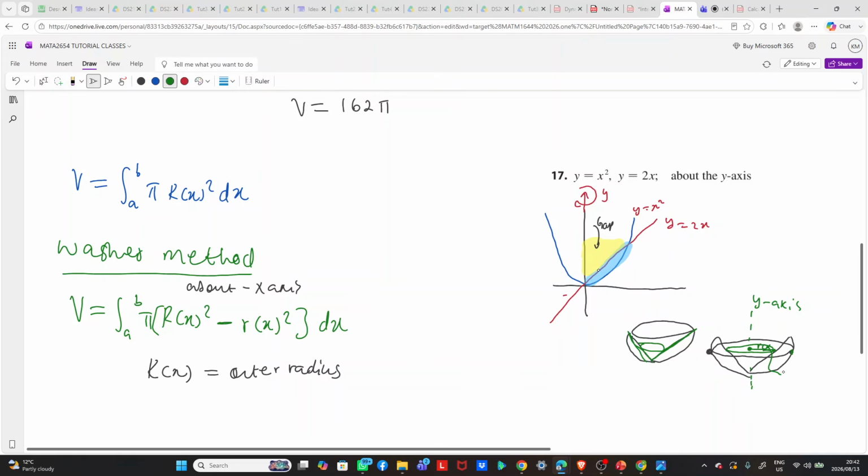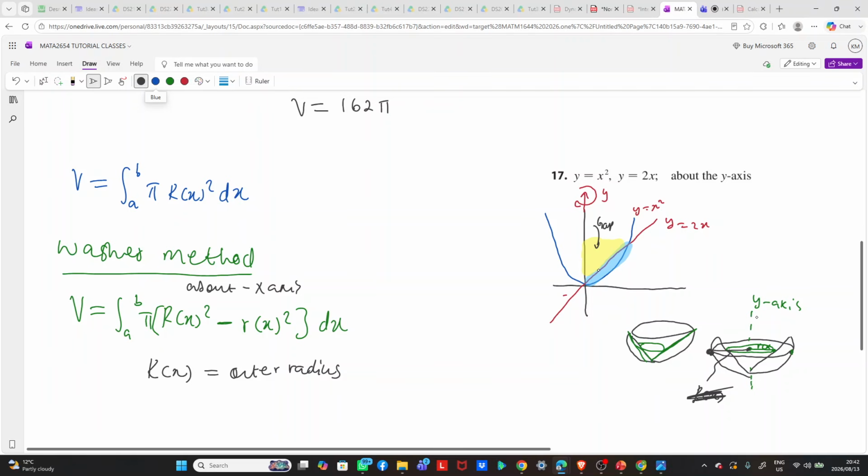Or maybe let me write it there. That will be your small r of x. And the black one will give us a radius from here to the center as well, and that will be your big R of x, and is defined by the function. Since we are on the y-axis for this problem, let me stop using this example, because here I wrote the function in terms of x and it will confuse you.